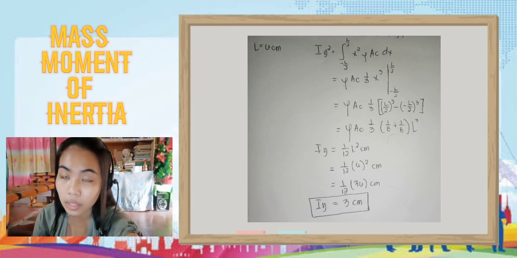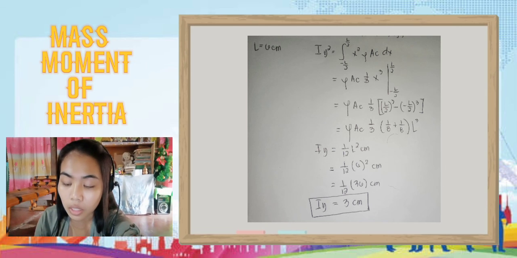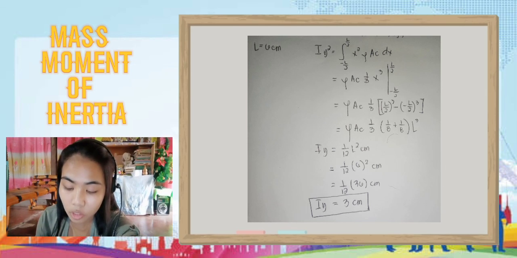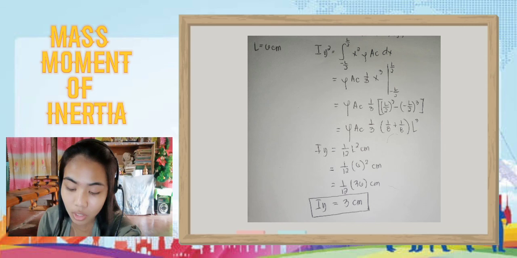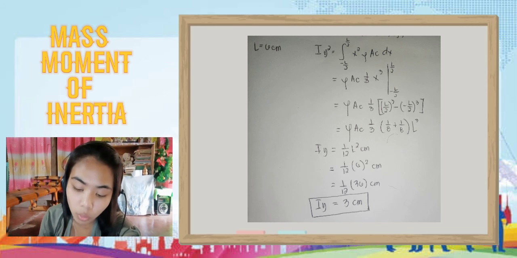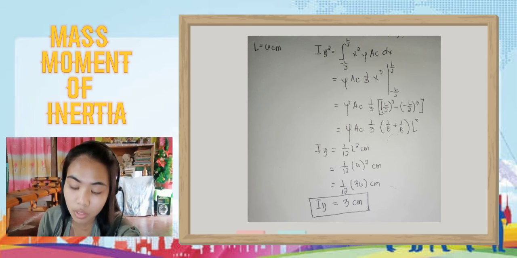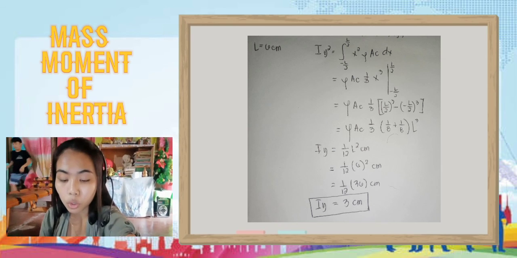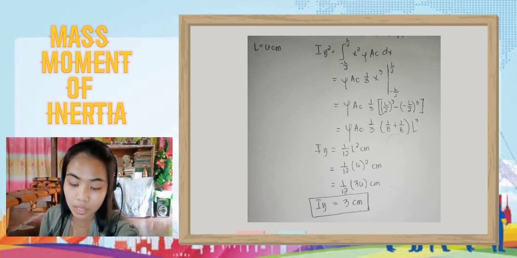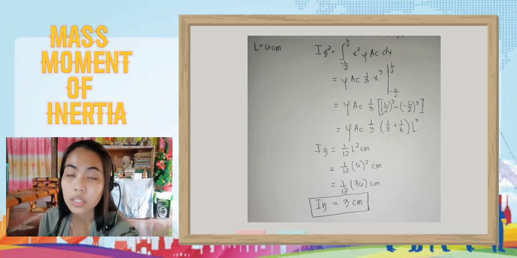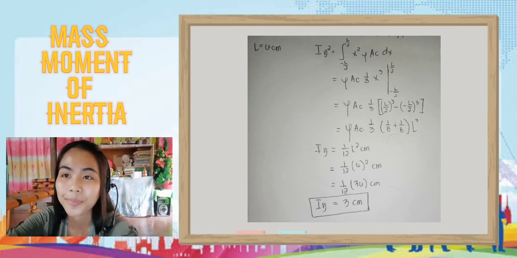So, nakita natin na may naka-indicate na value ang length natin. So, change natin ang length natin to 6 centimeters. So, 1 over 12 times 6 squared centimeters. So, 6 squared is equal to 36. So, 1 over 12 times 36 centimeters. So, ang I_y natin is 3 centimeters.